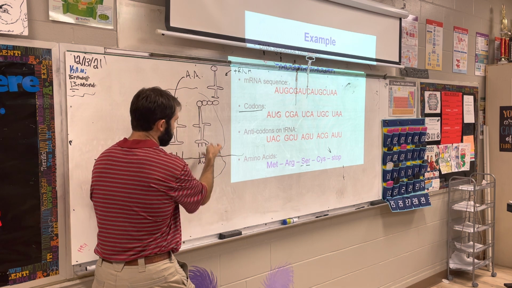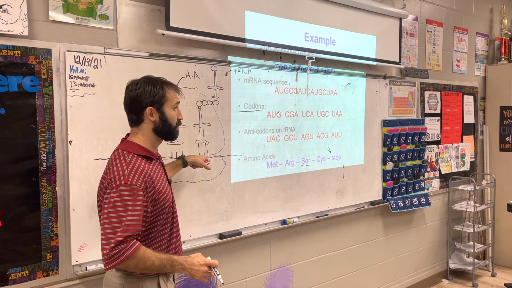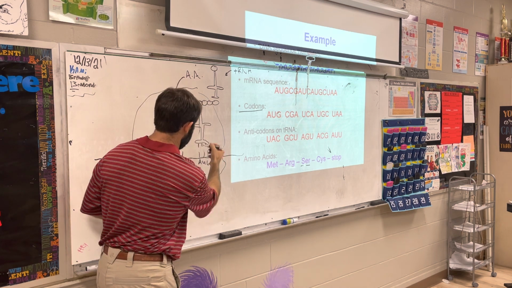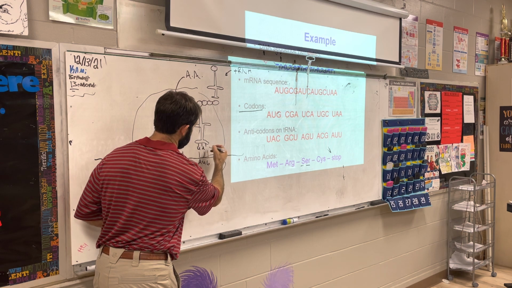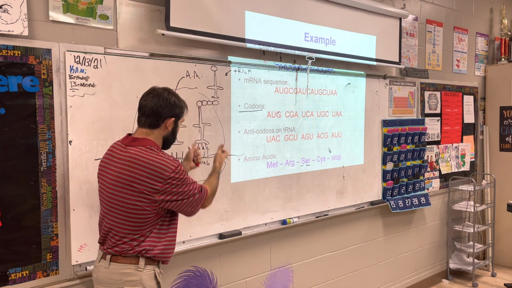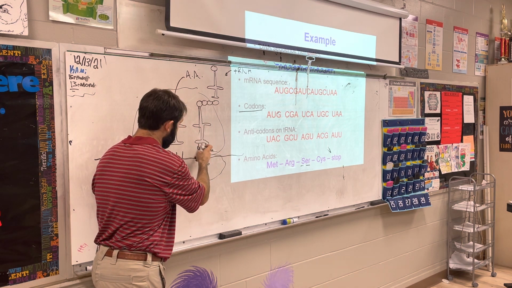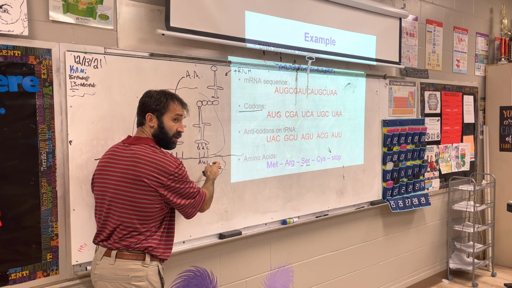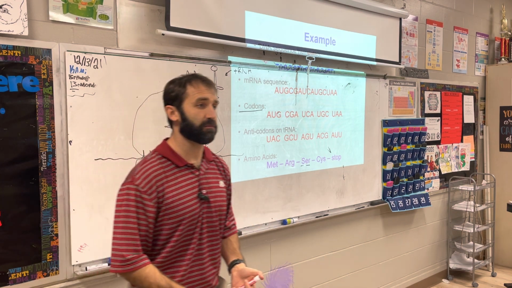So what this is for is so the correct transfer RNA is brought in, right? So if this is AUG, then this is UAC, and that is literally the pairing of the tRNA anticodon with the codon on the messenger RNA, and that is how we get the correct amino acid brought in, right?